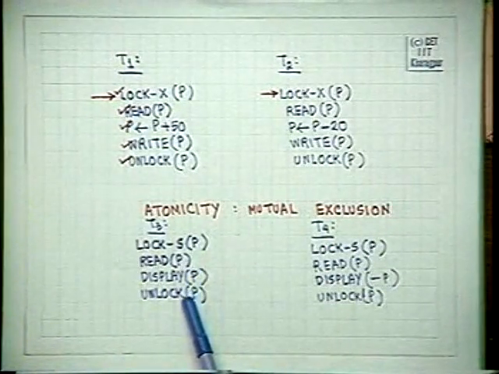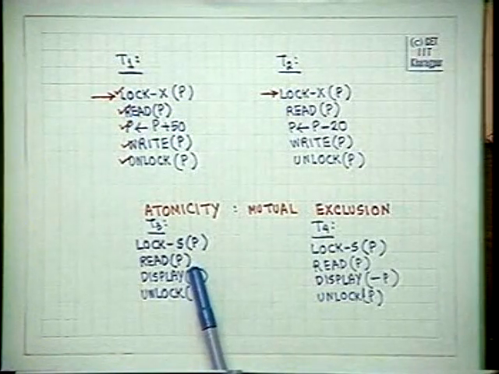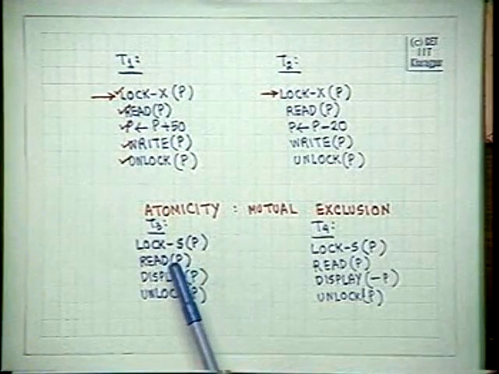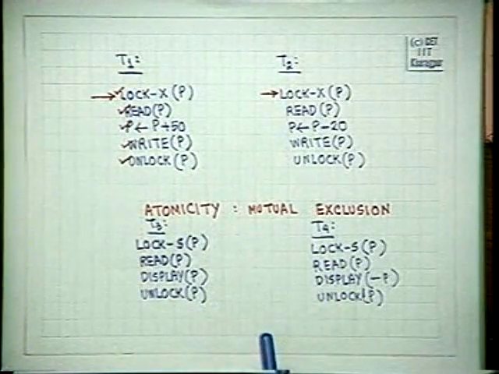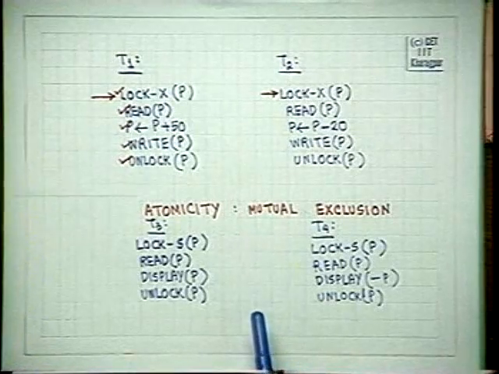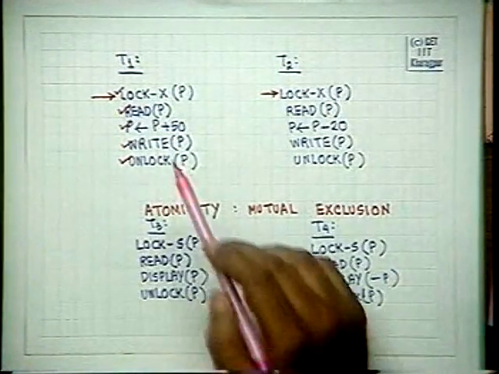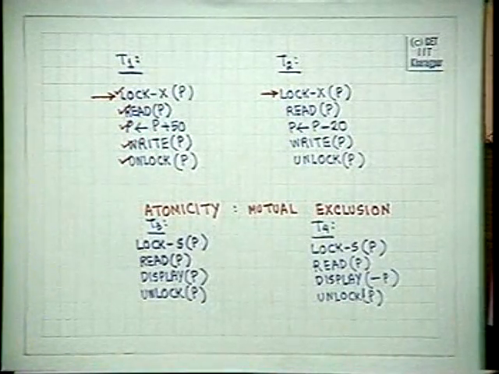Here these two transactions are only reading P, they are not writing anything into P. Therefore, they will acquire shared locks. Now, let us see how execution may take place. Suppose now four transactions are running simultaneously.